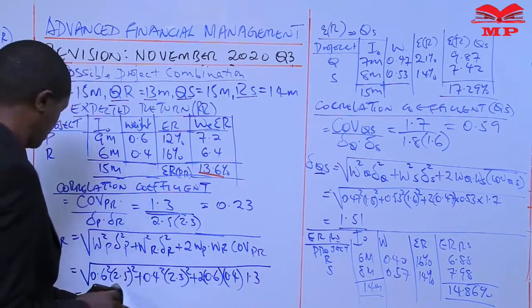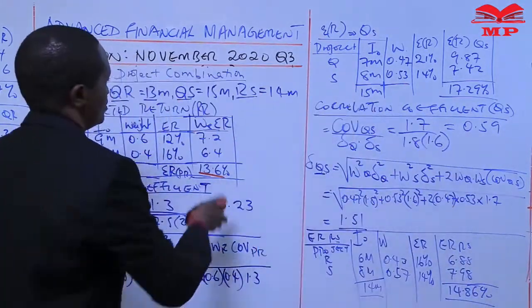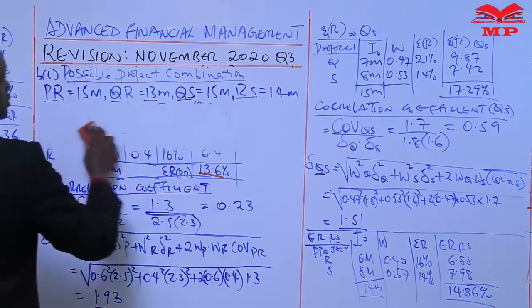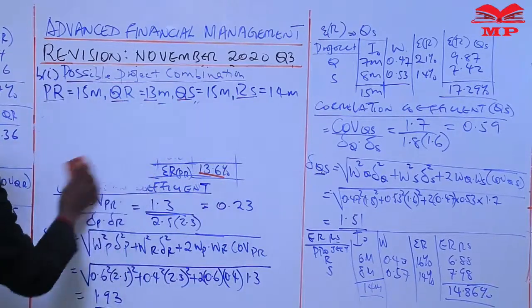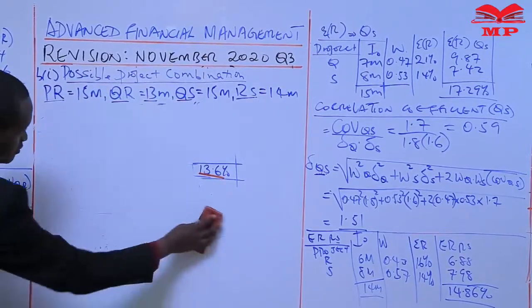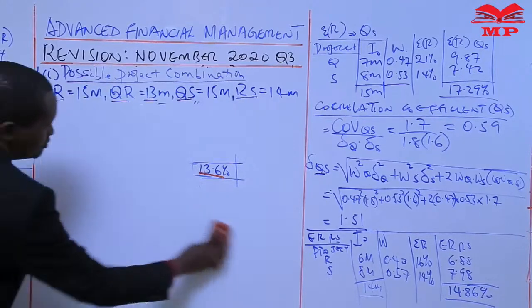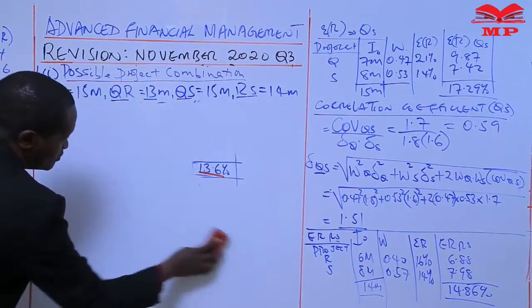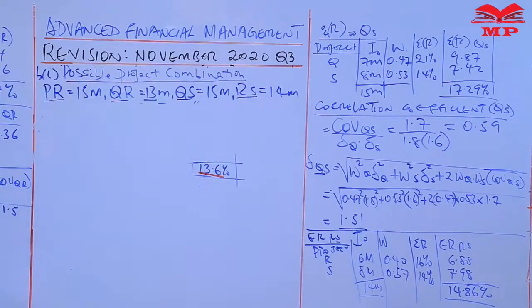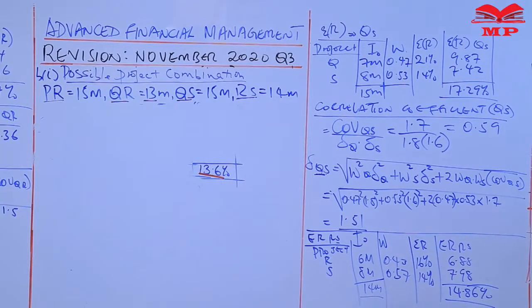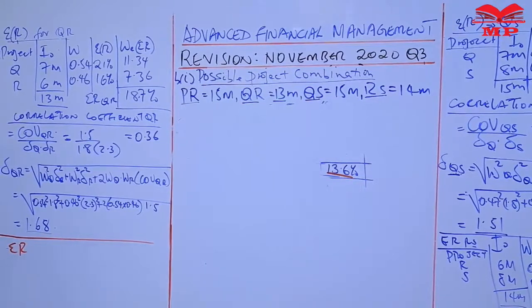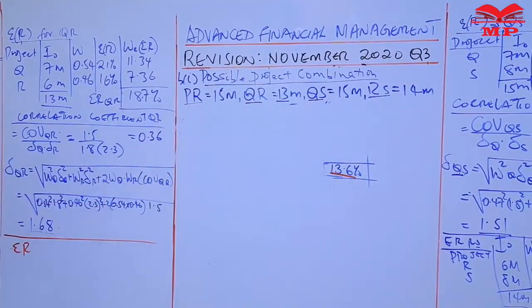So I will rub that. So candidates, this 13.6% is the expected return of the portfolio, the first combination PR.